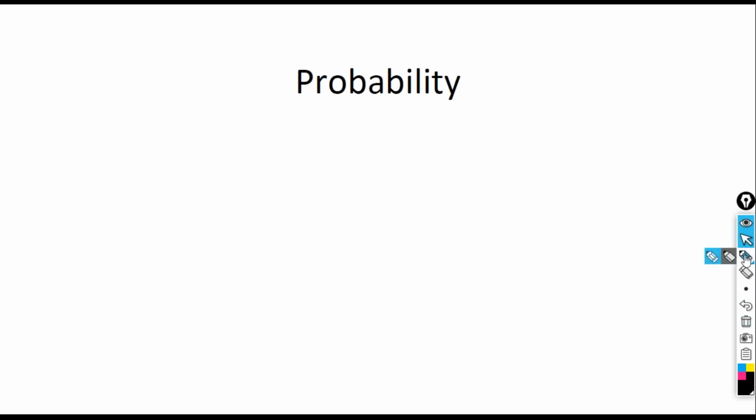Now, in case of probability, all the concepts of PNC come into picture. In order to compute probability, we just have to focus on the number of favorable events divided by the total number of events.